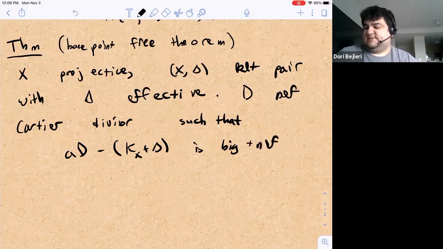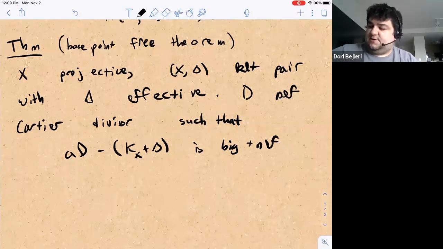So again, implicit in that is that it's Q-Cartier, but of course here it's true because (X, Delta) is assumed to be KLT, so it's not really an assumption.